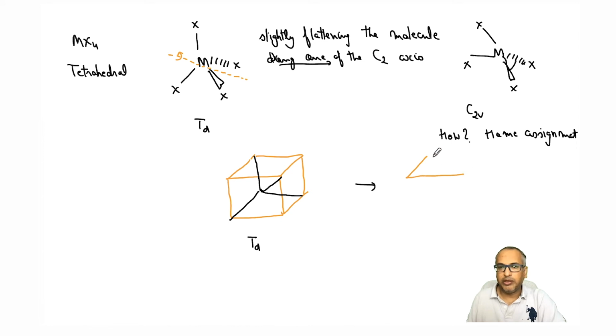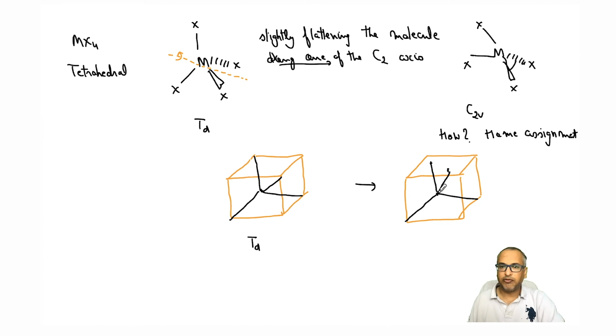What we have done here is, this is my center again. So these two bonds are not compressed. Let's say we have compressed only these two bonds. So instead of going to the vertex, now they are falling on one of the face diagonals, right? This is how the distortion looks.